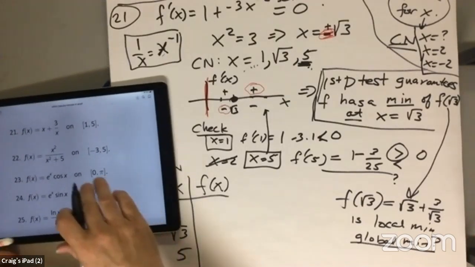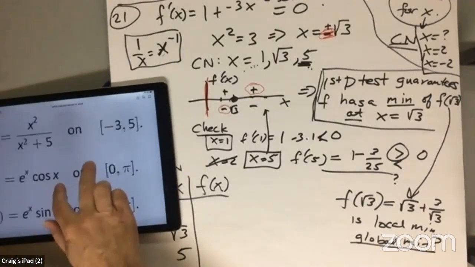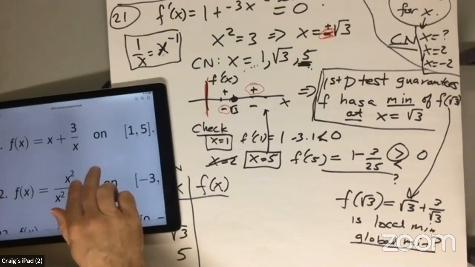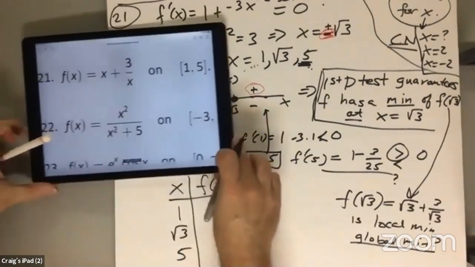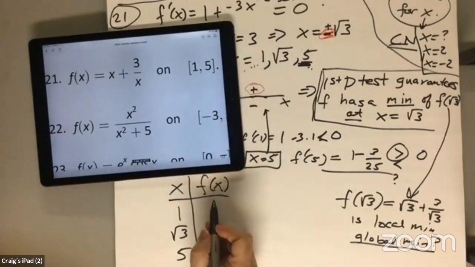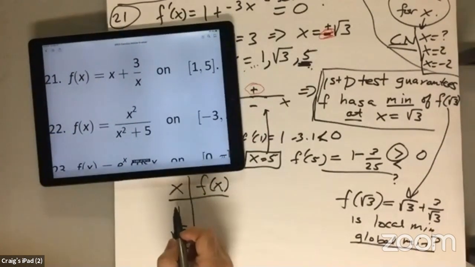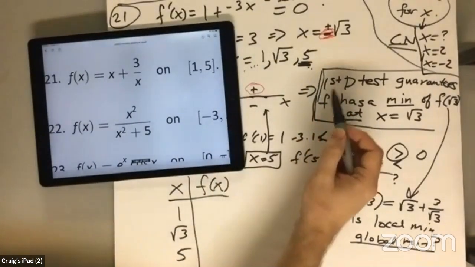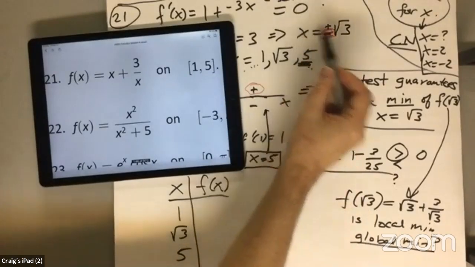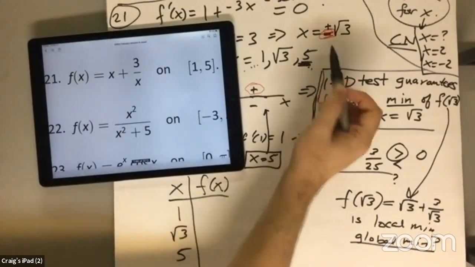Okay, so we're looking at page 136 on problem number 21. I'm trying to find out where f of x is a max or a min. And so I'm going to stick in my critical numbers, which are the endpoints 1 and 5, and then the place where we found the derivative was 0, at x equals square root of 3.